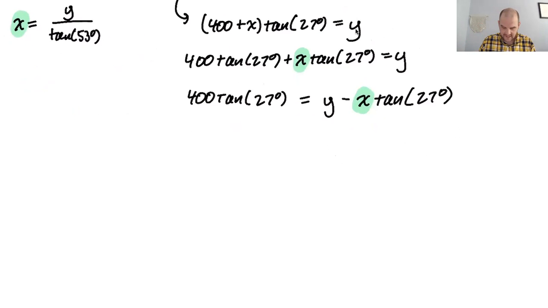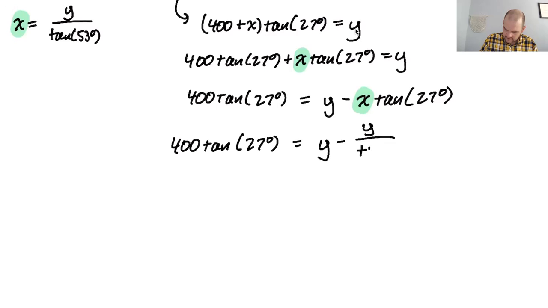Good, because now I'm going to substitute. So 400 tangent of 27 degrees equals y minus y over the tangent of 53 times the tangent of 27.